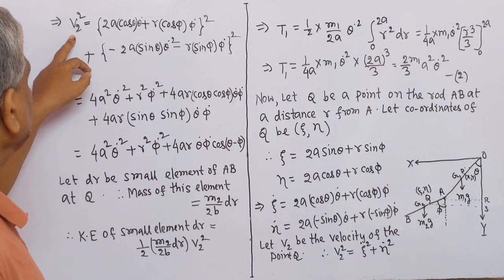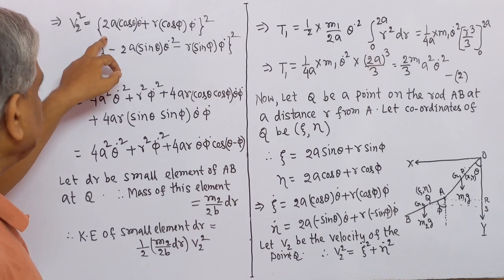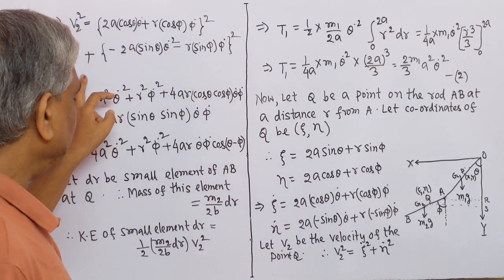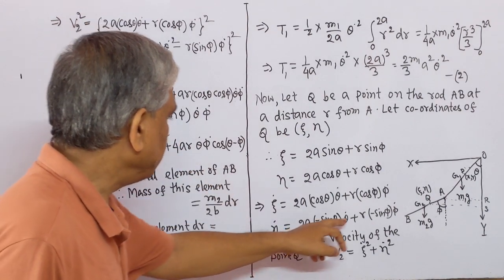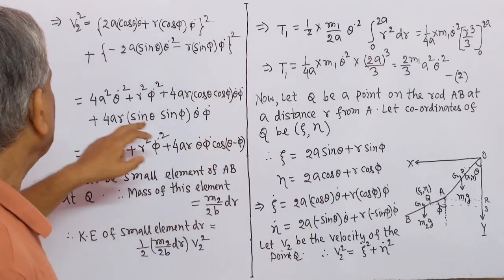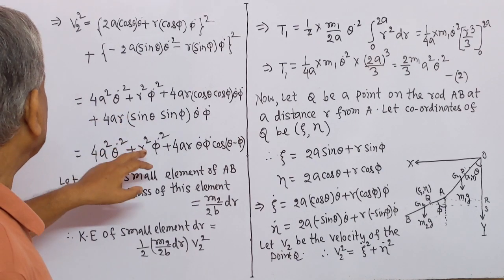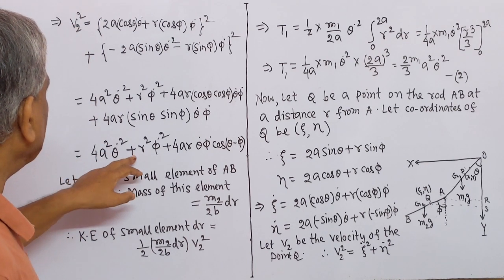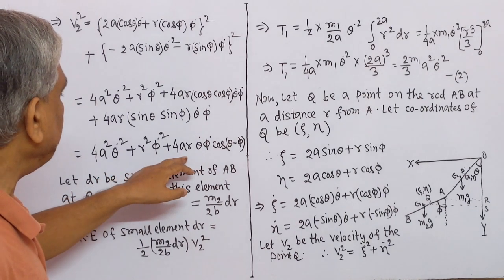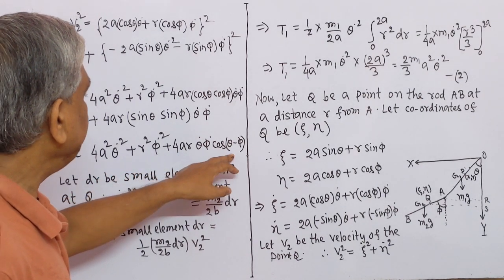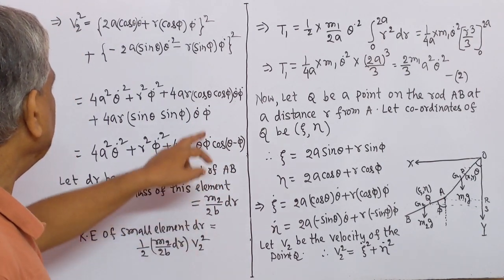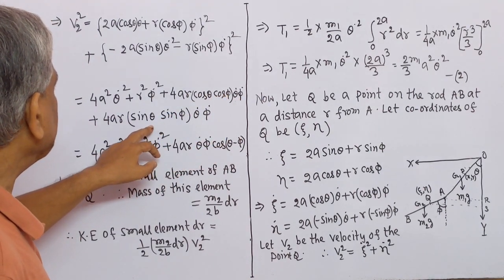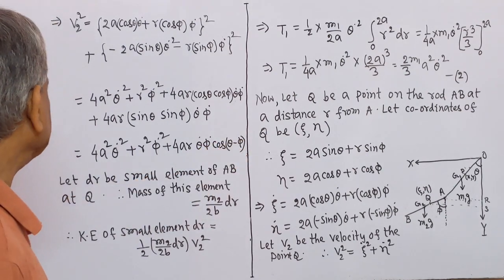By expansion, V2 square equals 4a square theta dot square plus r square phi dot square plus 4ar theta dot phi dot cos of theta minus phi, taking theta dot phi dot common, since cos theta cos phi plus sin theta sin phi is cos of theta minus phi.